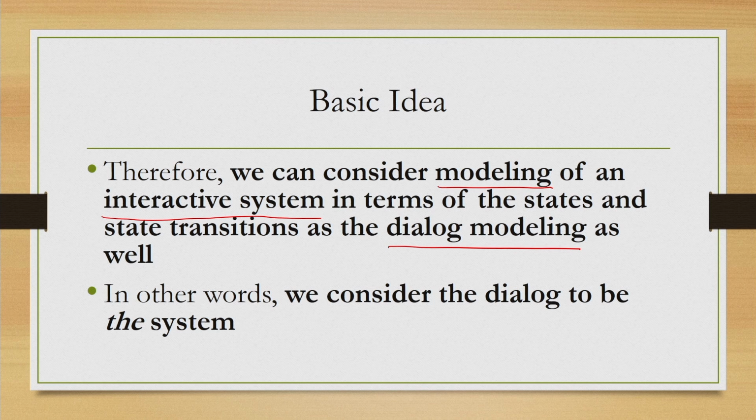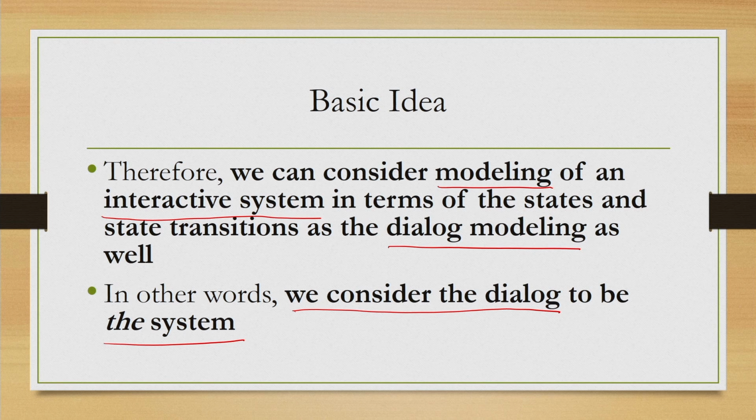We are trying to model the dialogue between the system and the user. So, system modeling is equivalent to modeling the dialogue as well. In other words, we consider the dialogue to be the system. So, earlier we considered the system to be a composition of system, state and transition. Now, we are saying that this is nothing but the dialogue between the user and the computer, and our objective is to formally model this dialogue.